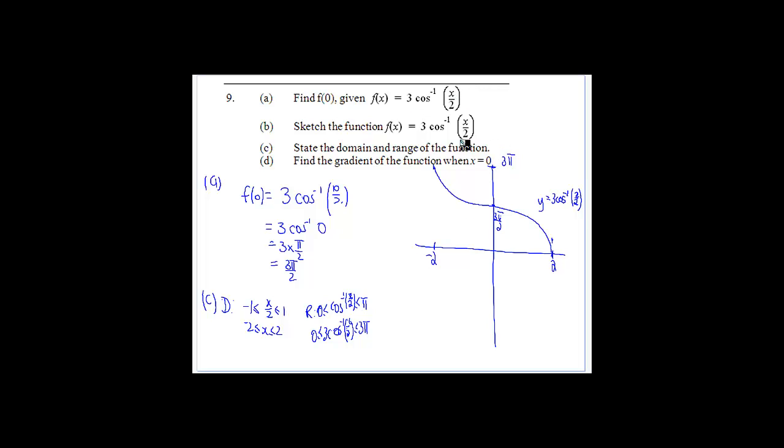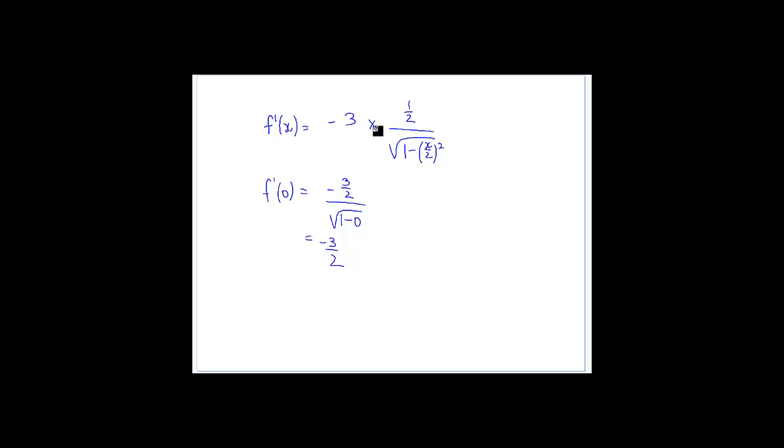Because it's x on 2, it's going from minus 2 to 2 in our domain, and our range is increased by a multiplication factor of 3, so it's going to go from 0 to 3 pi. So then we can write the domain and range of the function. You could have done that beforehand. So there's your domain and range, as we just said. And then find the gradient of the function. Well, we derive our function there, substitute 0 in, and there's our gradient of our function at 0.